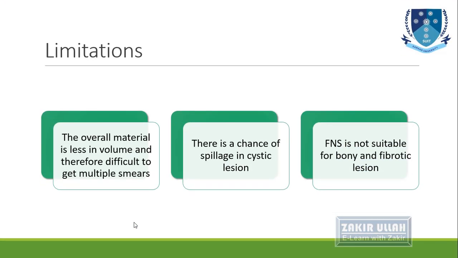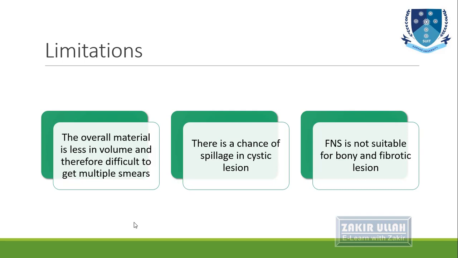A limitation of this procedure is that the material collected is usually very small in amount, and from that material we cannot prepare multiple smears, wet-fixed or air-dried. So this is one limitation of fine needle sampling.